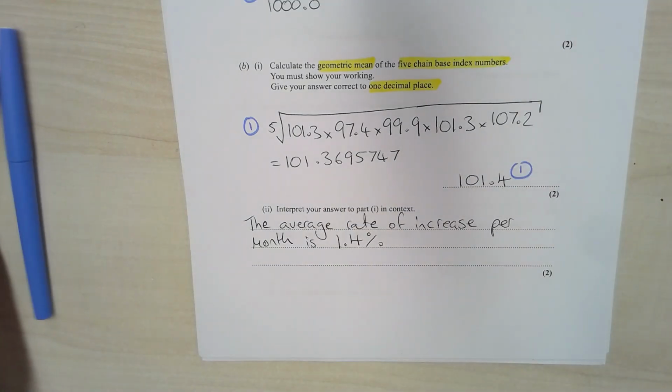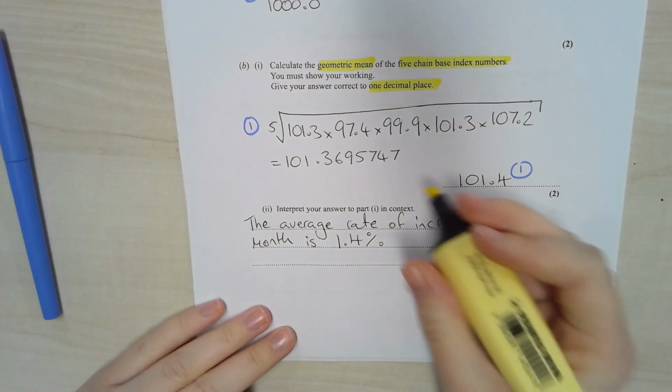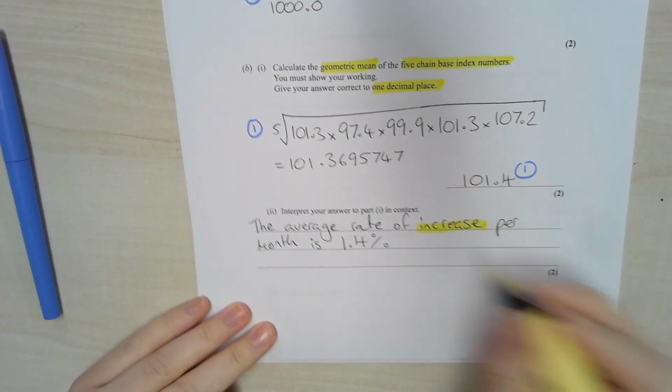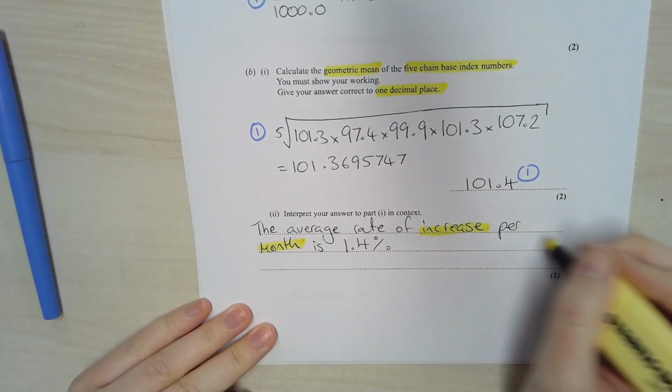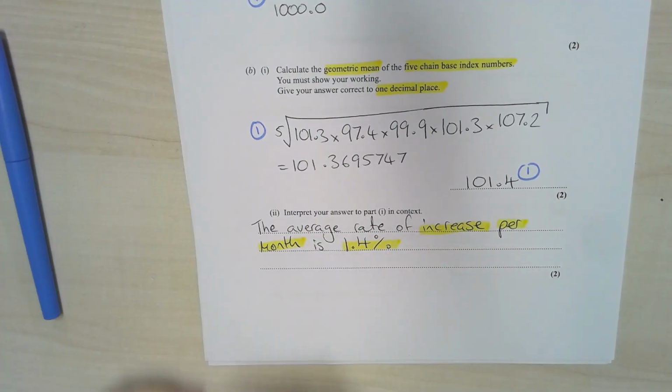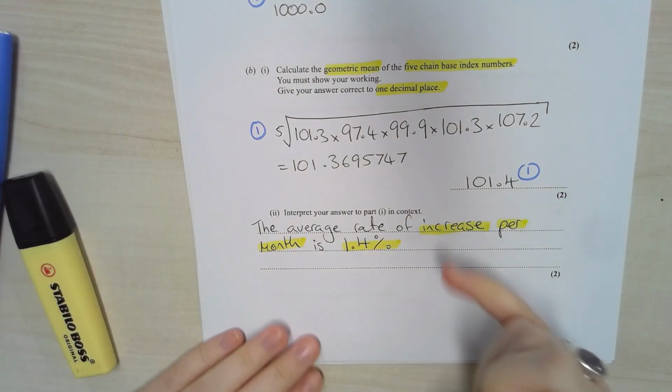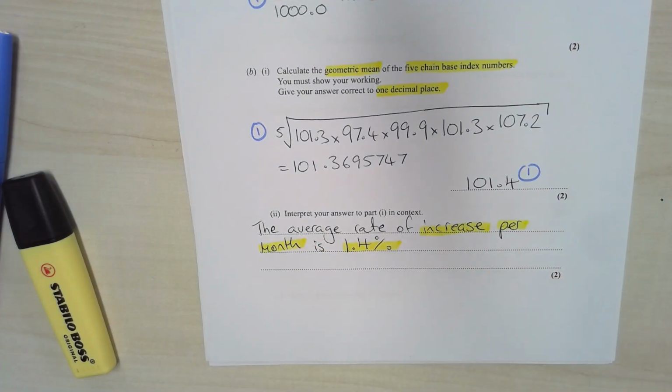The important things to have mentioned were that it's an increase, that it's per month, and that it's 1.4%. We needed to have mentioned those things in order to have got the 2 marks. If you had mentioned that it was just an average rate of increase, that would be 1 mark. The 1.4% did need to be put in this question to get a mark.